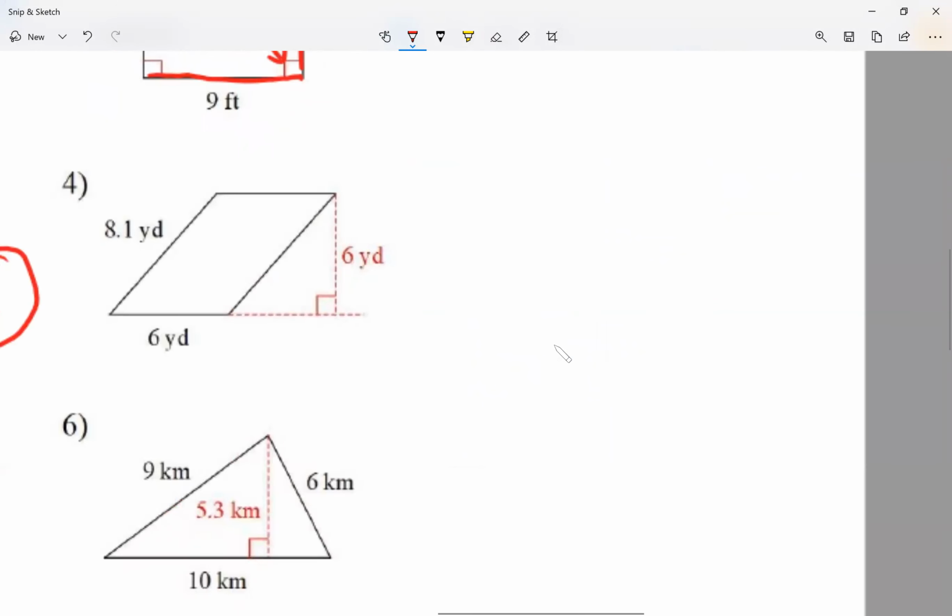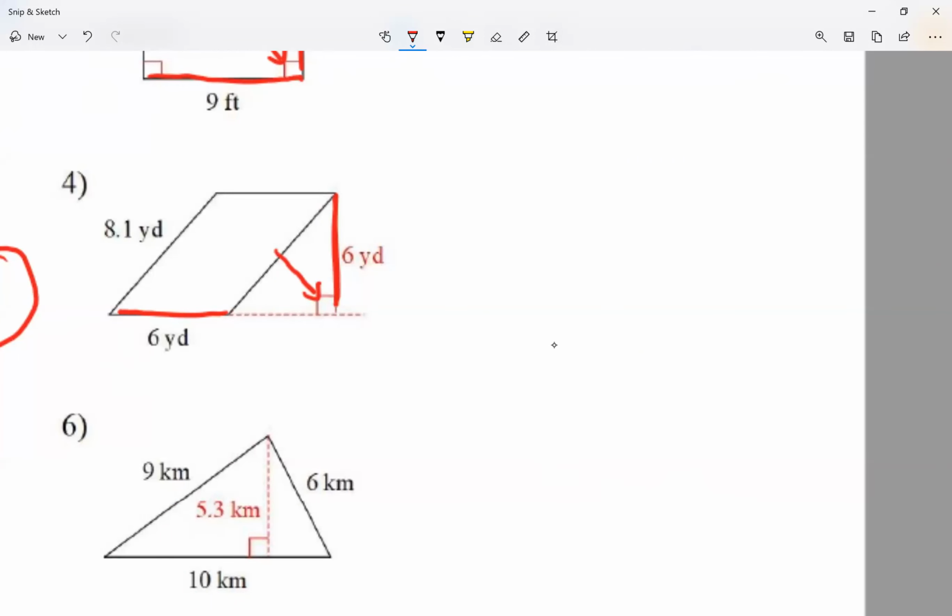All right, let's take a look at number 4. Parallelograms. I just said it right now. Parallelograms look like a slanted rectangle, and I'm going to treat them like a rectangle. My focus is at the 90-degree corner. That 90-degree corner is made by the number 6 and this other 6 at the bottom.